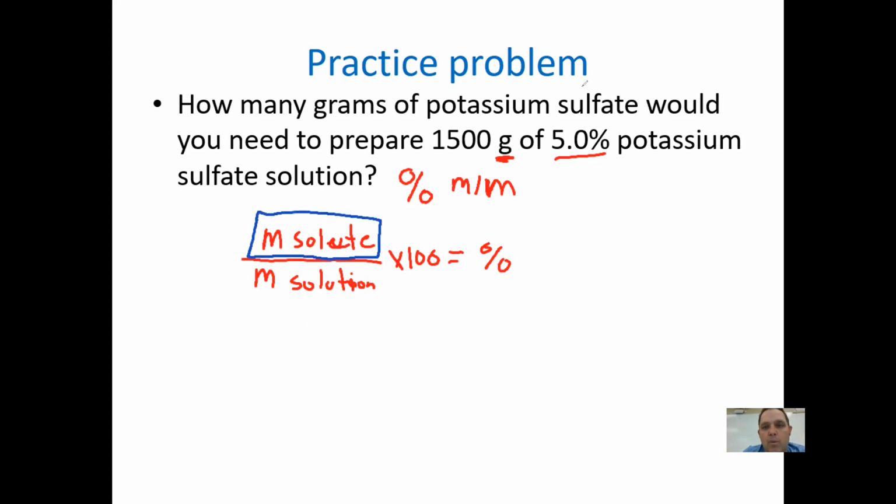So we got to just change what we're looking for and finding the x. So I'm going to put everything in. We don't know the top number. That's our x. Divided by our whole solution, and it tells us that that is 1,500 grams times 100 will equal 5%.